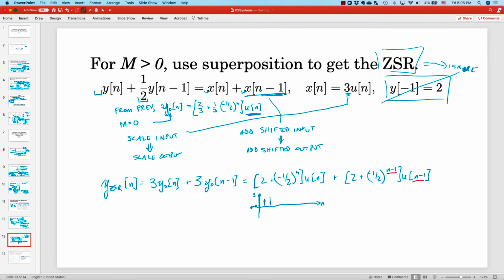And then it bounces back up, and then it bounces back down, and then it settles out at 2. And that's because this term goes to 0 as n gets large. It's a fraction that I'm raising to a larger and larger power. Now it's a negative fraction, so it's bouncing on its way there, but it does converge to 0.